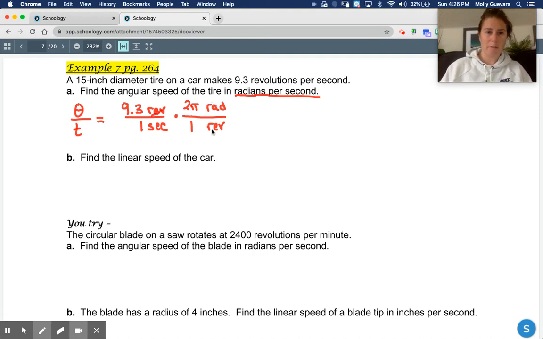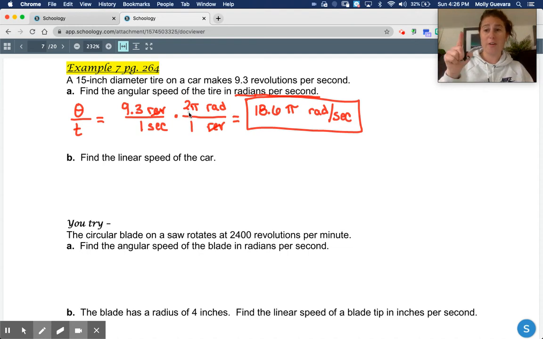So my revolutions can cancel, and I'm just going to multiply this across. 9.3 times 2, I'm just going to leave it in terms of pi, so 18.6 pi. And then I'm left with radians per second. And that's it. Because of this conversion right here that I can figure out, right? I know that one revolution, one time all the way around, is equal to 2 pi radians.